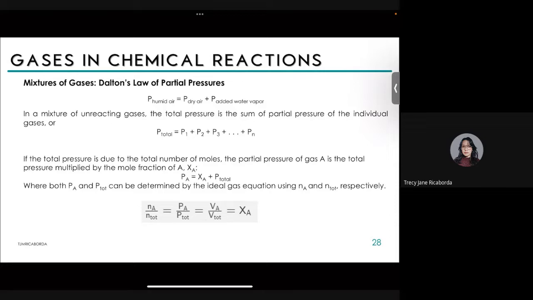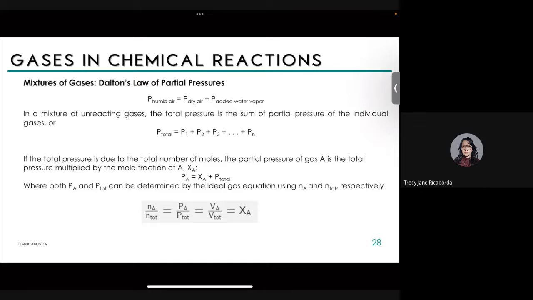Because, let's review dun sa ating properties of gases. Gases can mix homogeneously to form a solution in any proportion, and each gas in a mixture behaves as if it's the only gas present. So walang reaction na nangyayari, then it will behave as if it's the only gas in the mixture.